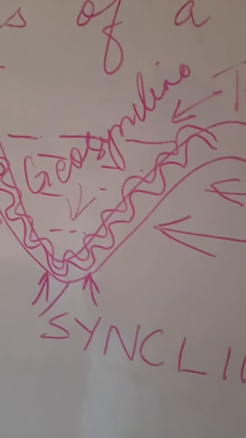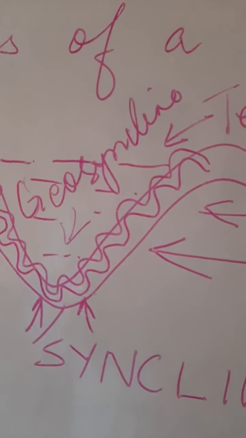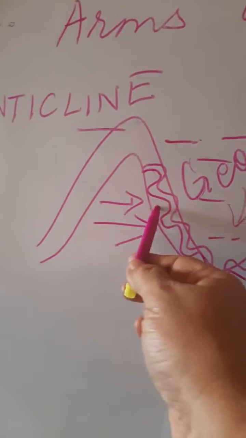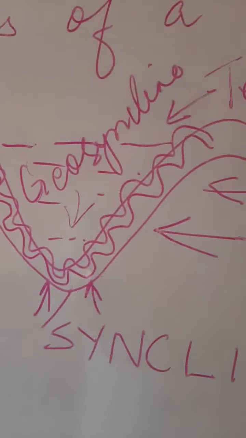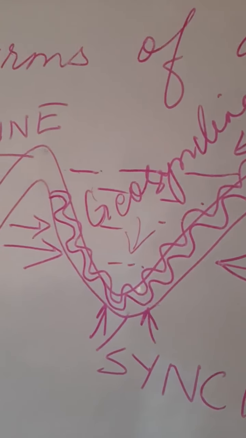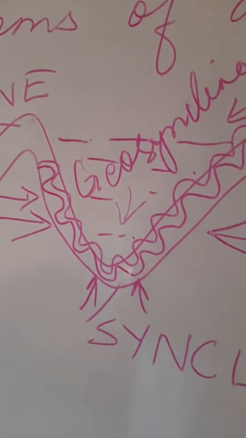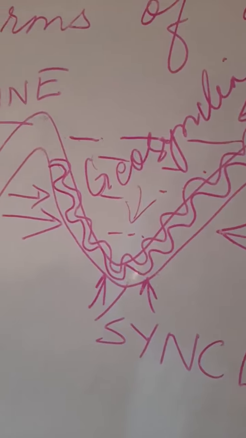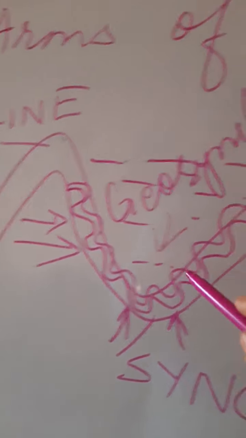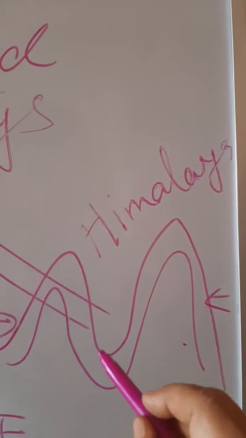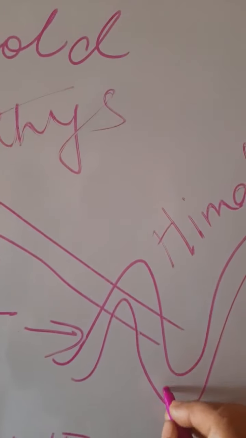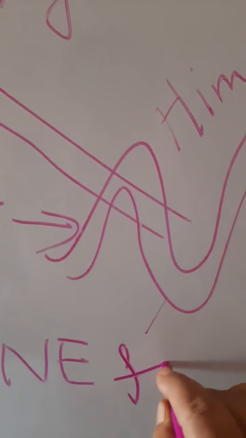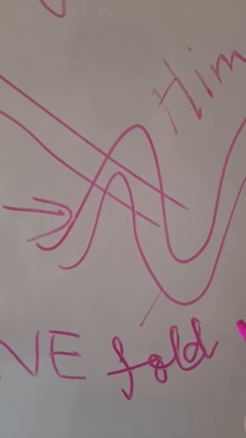They form the small folds. Why? Because of pressure from both the sides, because of compression from both the sides. And when they are further compressed, too much compression is there, so these folds will rise up to form the fold mountain. They are the fold mountains.